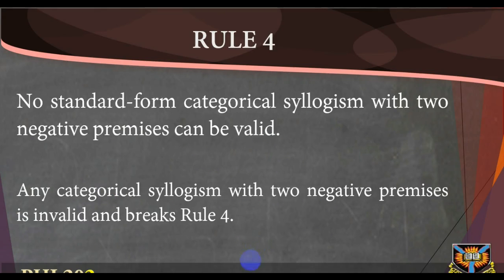Rule 4. No standard form categorical syllogism with two negative premises can be valid. Any categorical syllogism with two negative premises is invalid and breaks Rule 4.